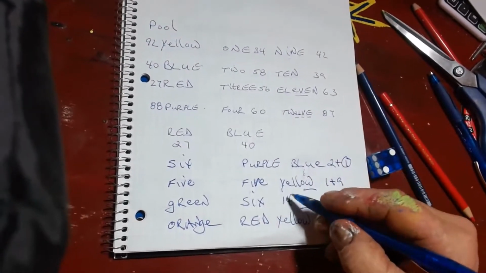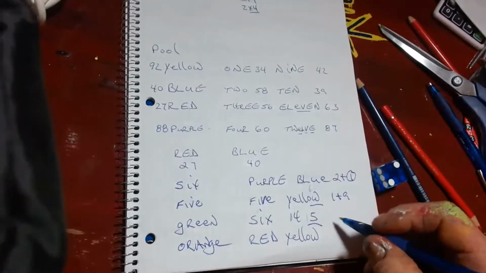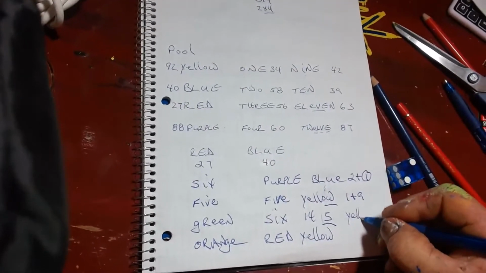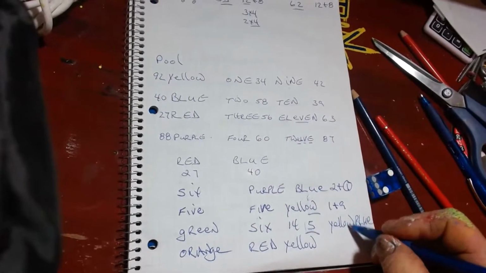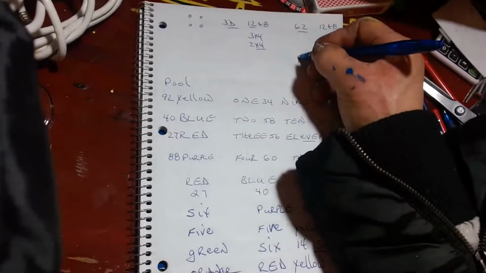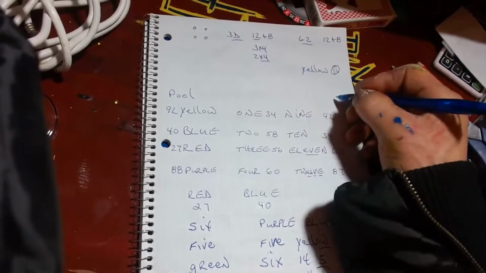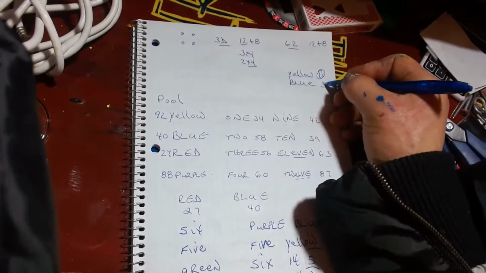So here we have the 6 and the 5 that come together. The green, which is created from the yellow and the blue. So if you want to take the total, yellow is 1, and blue is 3.